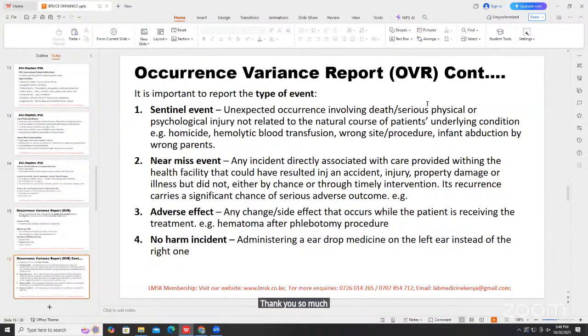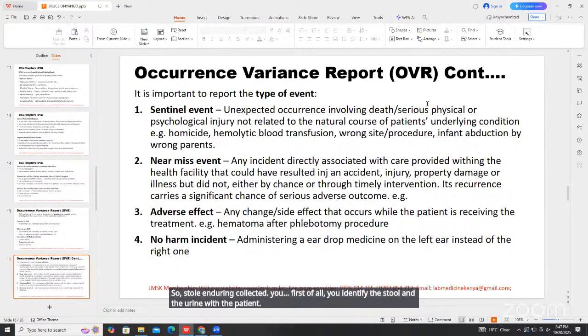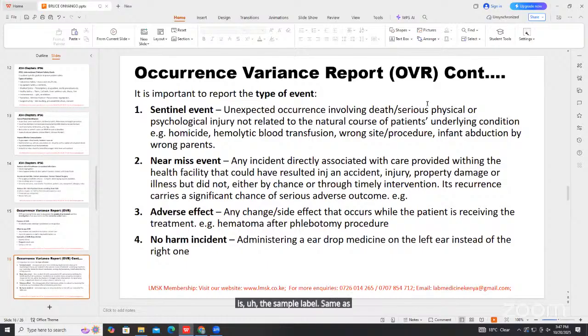Thank you so much, Arthur, and to Lamek for the question. There is a criteria for acceptance of samples that we receive in the lab. So stool and urine collected, first of all, you identify the stool and the urine with the patient. Is the sample labeled same as the request form provided?